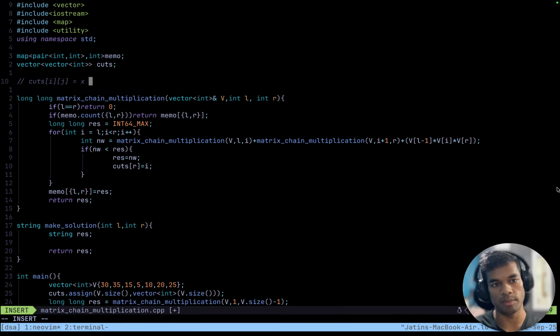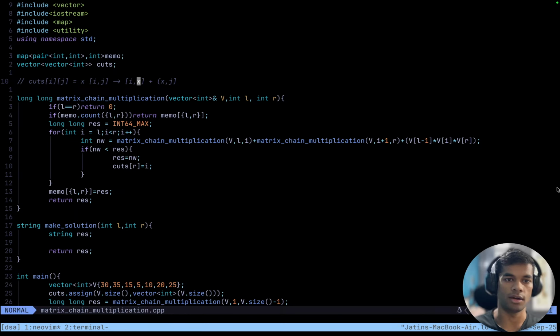When the range of my matrix is i to j inclusive, that would mean that I divide my matrix in two parts. x is included in the left part, and on the right we will have x to j, and j is included in the right part, right? Cuts[i][j] would mean that I divide this matrix i to j in two parts.